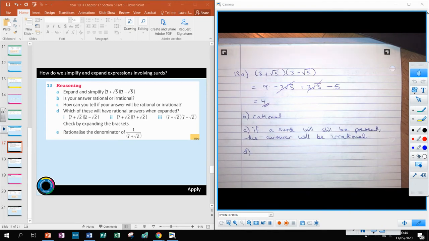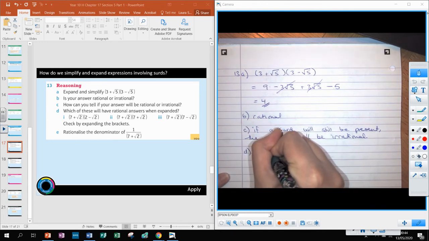If we look at the first one, I would say it's going to be irrational, because I'm going to have a negative 7 root 2 and a 2 root 2, and they're not going to cancel. If we look at the second one, they're both positive, so they're going to add together, so they're not going to cancel out. So actually it's part 3 that I think will be rational, because they'll cancel out. But they want us to check, so let's have a go.